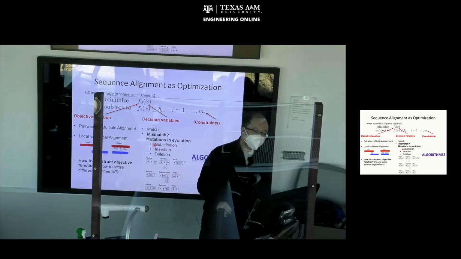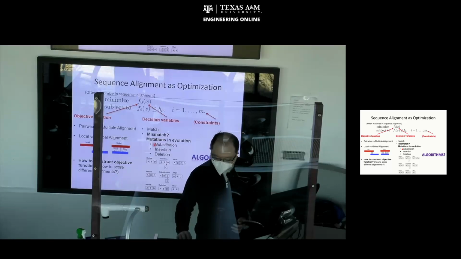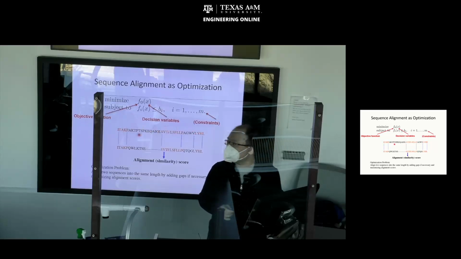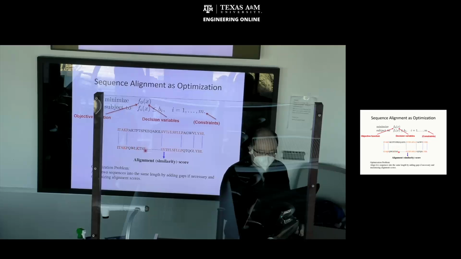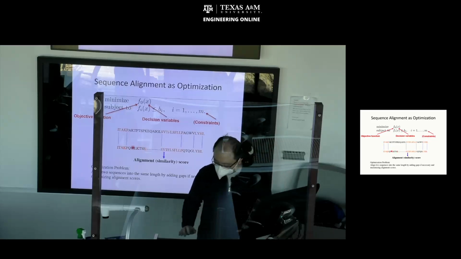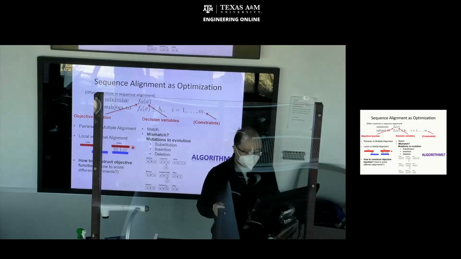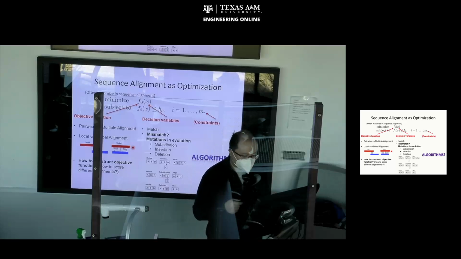So the decision variables, okay? If you fix one character in the first, let's call it template sequence, then you have a decision to decide whether you will have a match, mismatch, or a gap. So for each template character, you are introducing a match or mismatch.